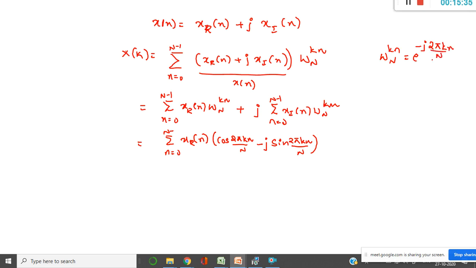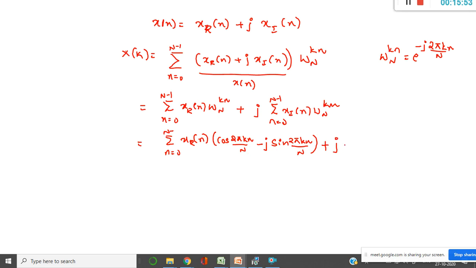Now, e to the power of j theta is written in the form of cos theta plus j sin theta. So in this case, I write this in the form of cos 2 pi kn by n minus j sin 2 pi kn by n.